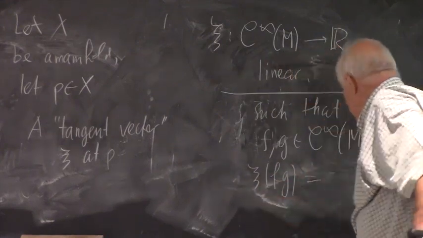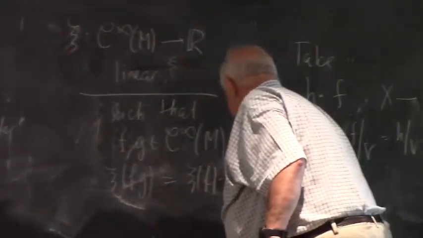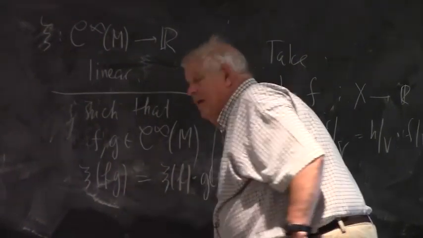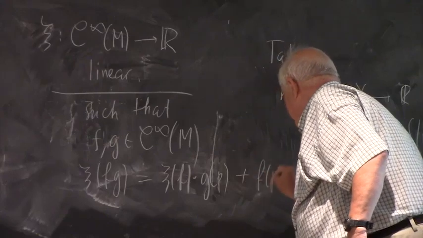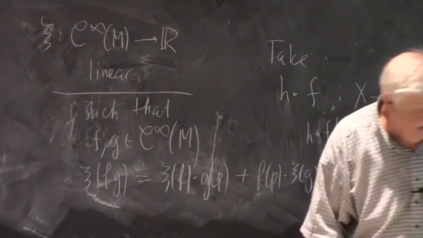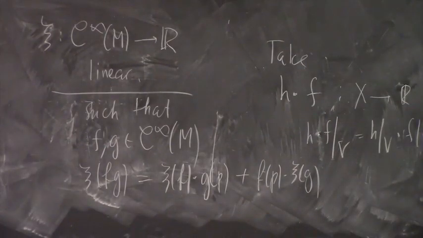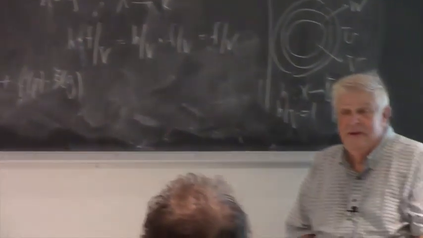Is equal to Xi of f times g of p plus f of p times Xi of g. Please don't say to me, because I will not believe anyhow, that this condition surprises you. This is the usual product rule. This is always applied to derivatives.